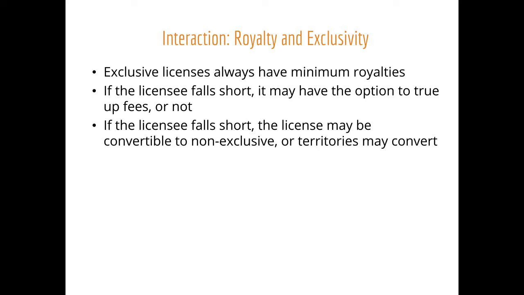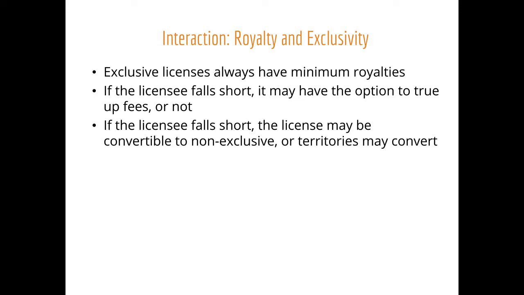Royalties and exclusivity also overlap. Exclusive arrangements always have minimum royalties, and the reason for that is that the licensor has to be paid the value of foregoing granting licenses to others or exercising the rights on their own.